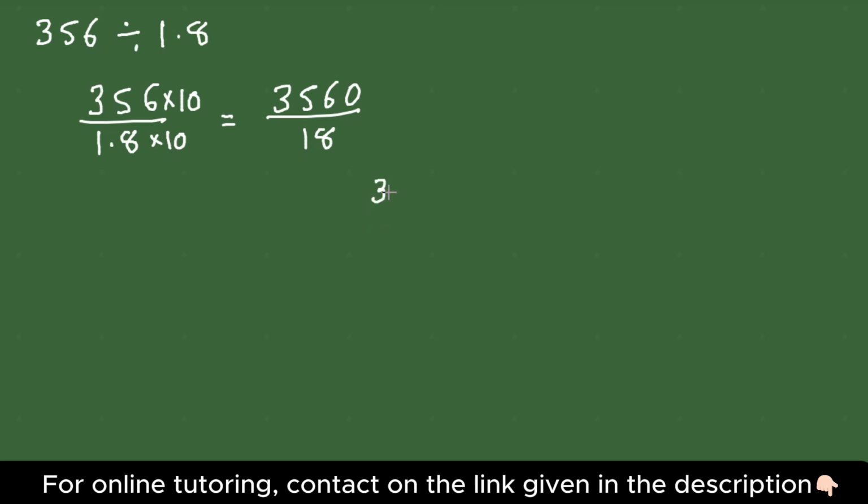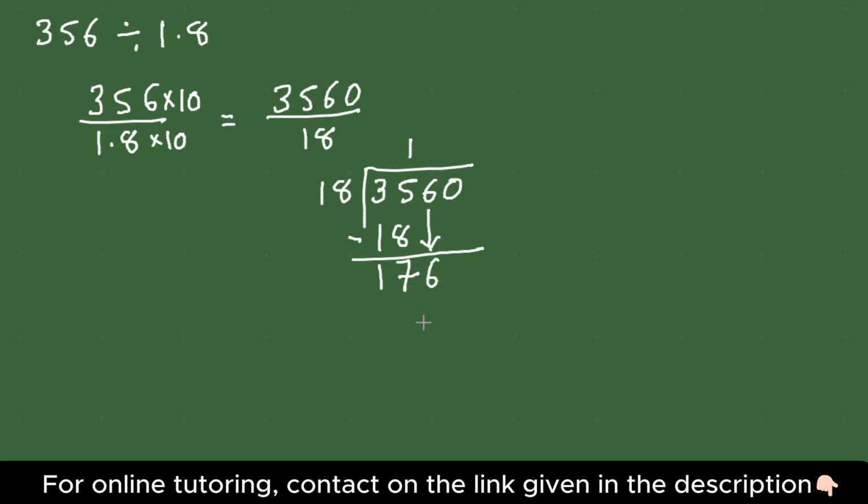So 3560 divided by 18. Now 18 goes once into 35 and 18 times 1 is 18. 35 minus 18 is 17. Bring down this 6. So we have 176.